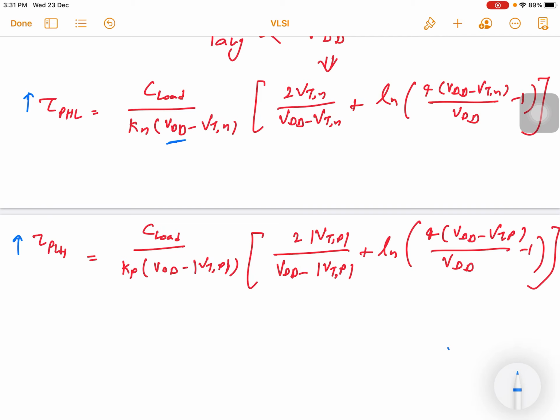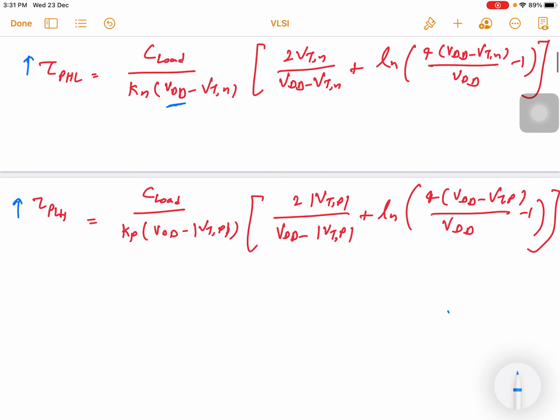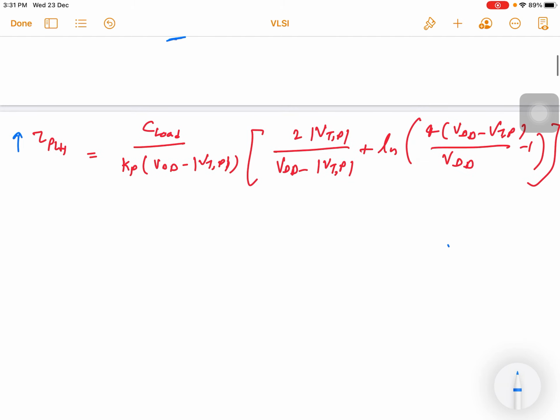Now, what techniques are available for lower power consumption?